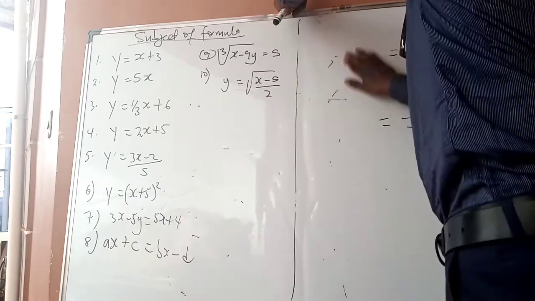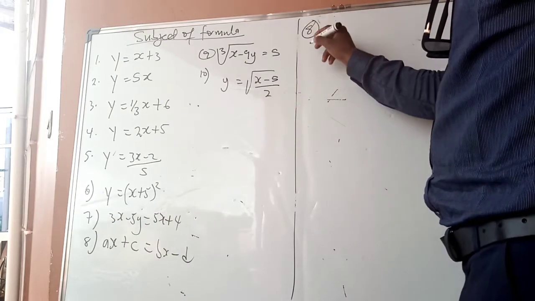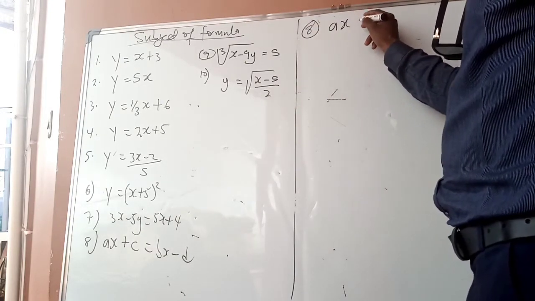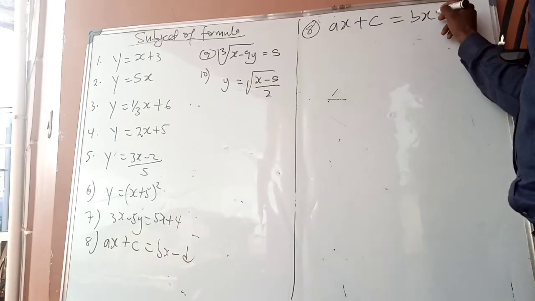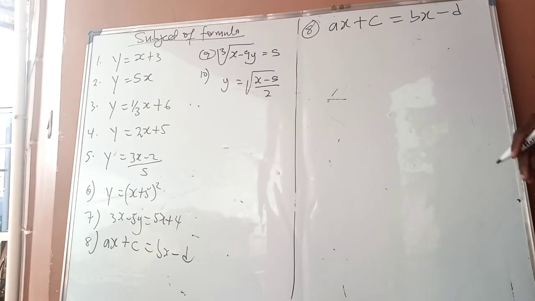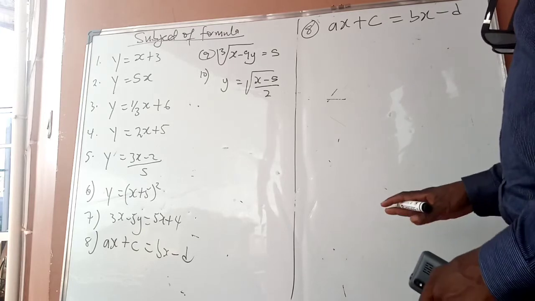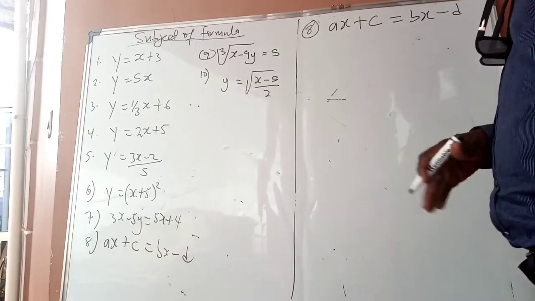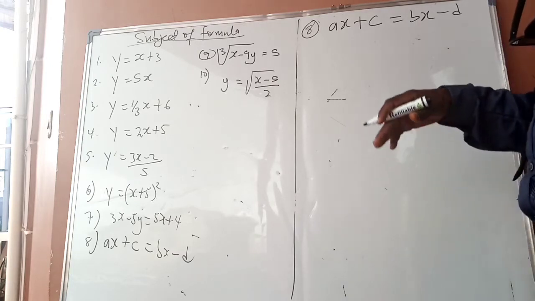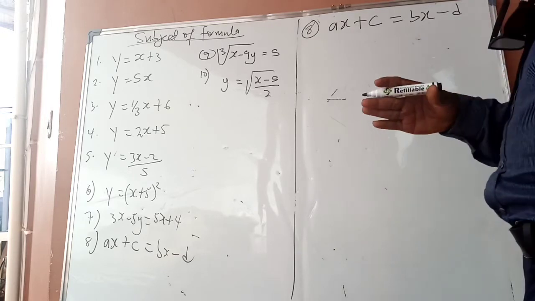In the number 8 question, we have ax plus c equals bx minus d. This is just what we are asked to tackle. And remember, we are still making x the subject of the formula. To make x the subject, you've got to make the x stay alone.